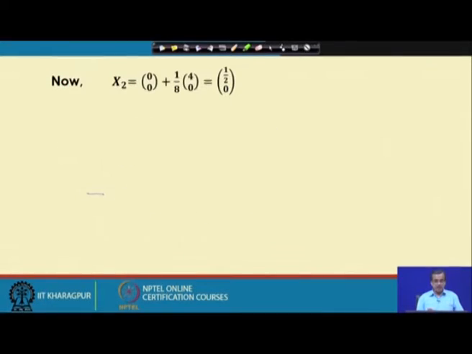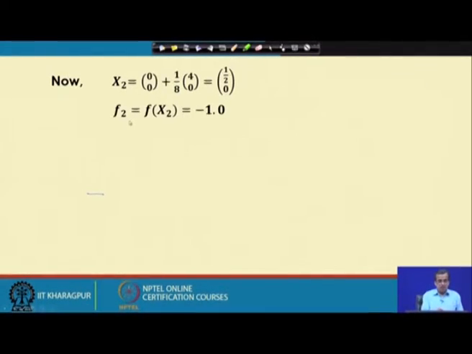Now, I am going to use this value of the optimal step length to find x 2. x 2 is 0 plus lambda star, which is 1 by 8, into the search direction 4 0, and if you simplify, I will get half 0. That means small x 1 is equal to half and small x 2 is equal to 0.